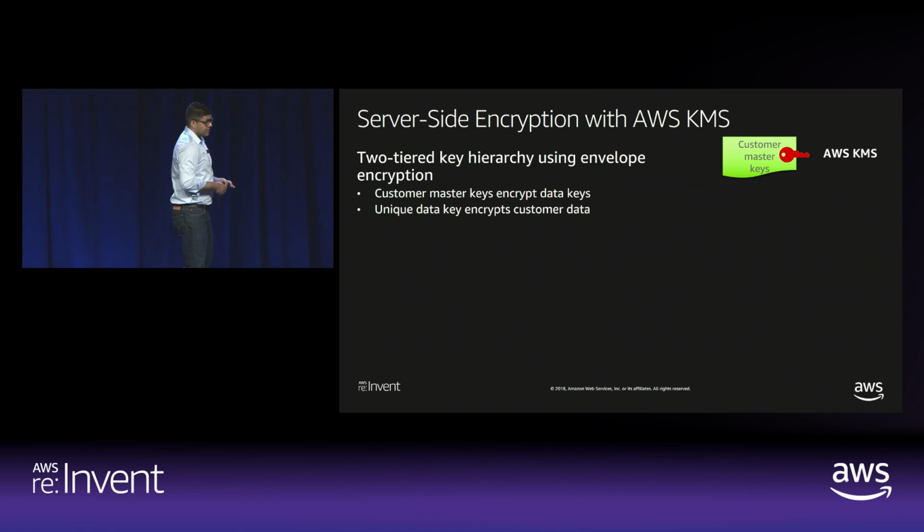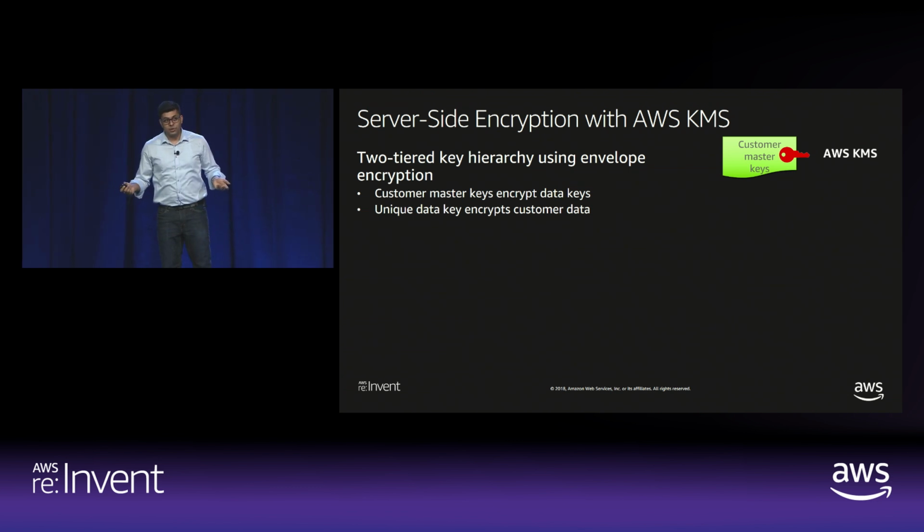With KMS, the important thing is your master keys are managed by the KMS service. You can do audit logging, for example, by using AWS CloudTrail, as well as have additional usage grants. So you can not only define who gets to do the get object, you can also define in KMS who can call the decrypt API.